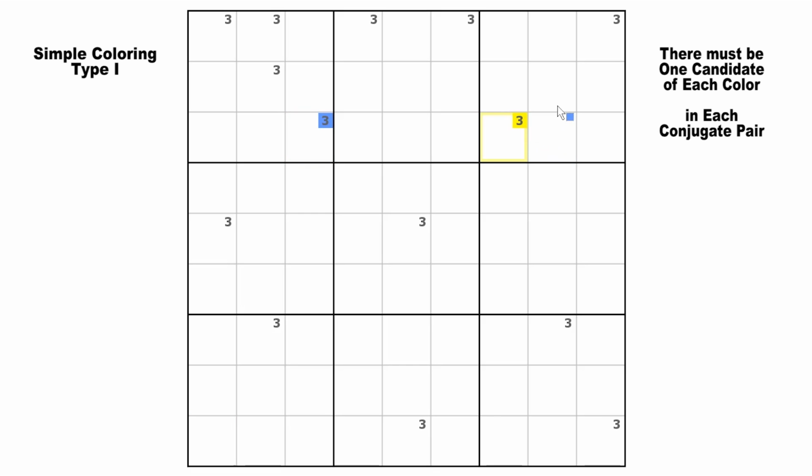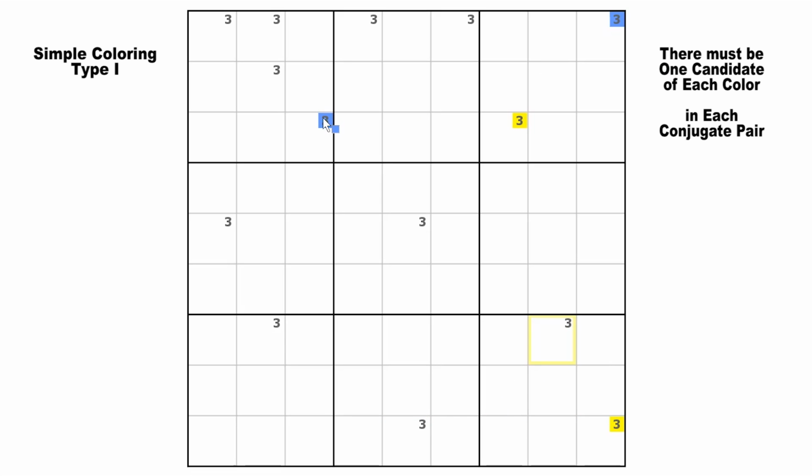Then we have another conjugate pair up to this 3 in block 3. They're the only 2 3s in that block. Then we go down column 9, and there's a conjugate pair. And now here's a conjugate pair in block 9. And there's also a conjugate pair in row 9. Now don't make the mistake of going blue, yellow, and tripping yourself up.